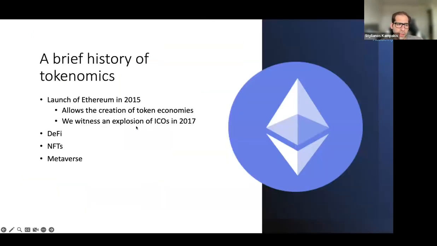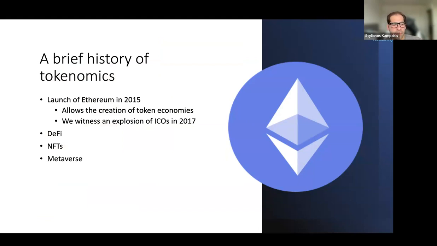So a brief history of tokenomics. Let's start with how tokenomics came about. Tokenomics was essentially created via Ethereum. Ethereum was launched in 2015, and it allowed the creation of tokens on its virtual computer. And this gave rise to an explosion of initial coin offerings in 2017.